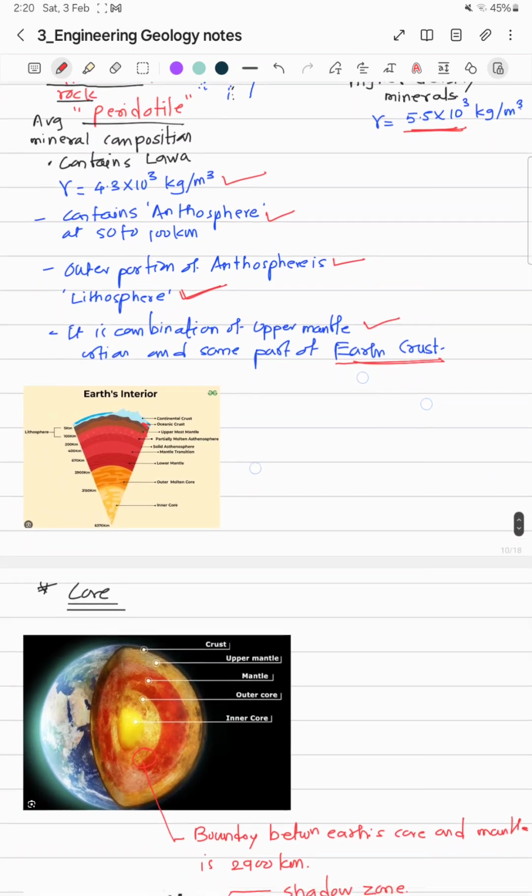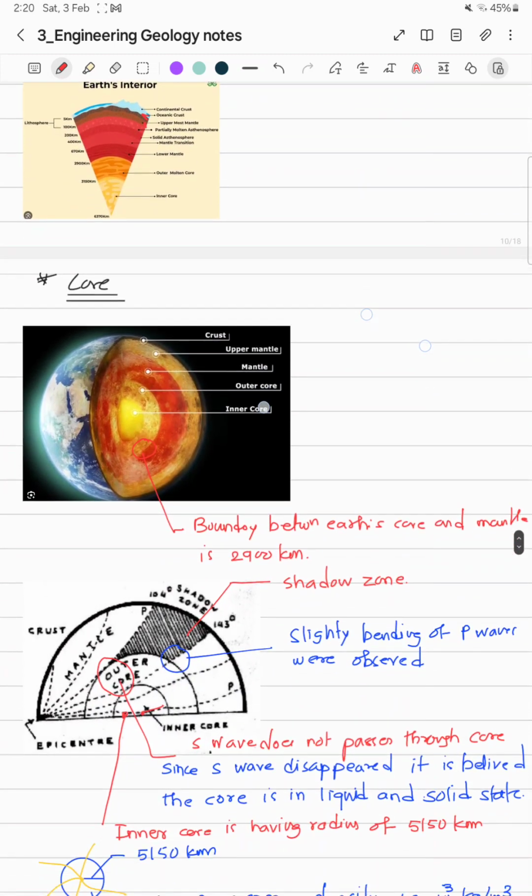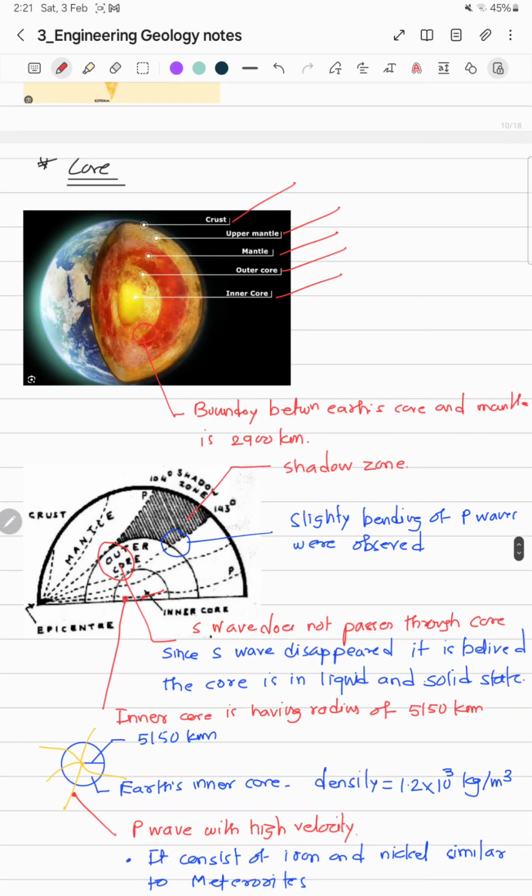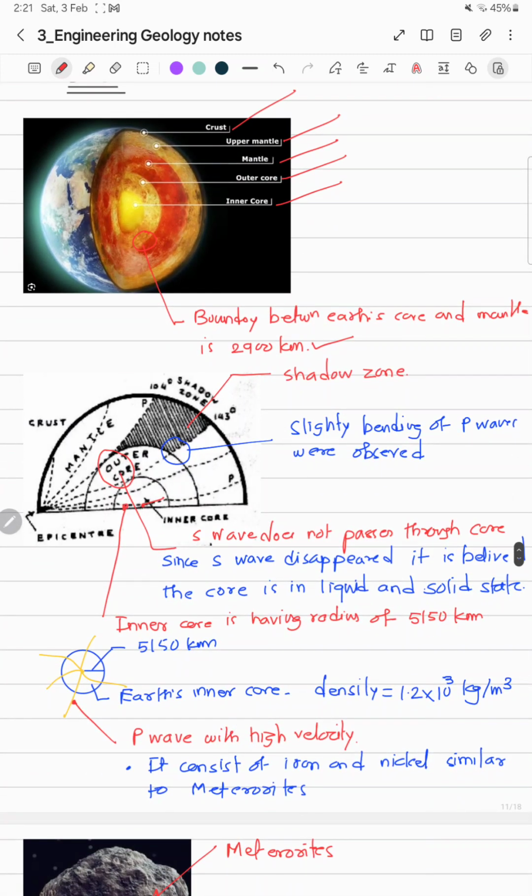Now we will see the core portion. The central portion is nothing but the core portion. As you can see, there is the earth crust at the top, then the upper mantle, then the lower mantle, then the outer core and inner core. The boundary between the earth core and mantle is around 2900 kilometer.